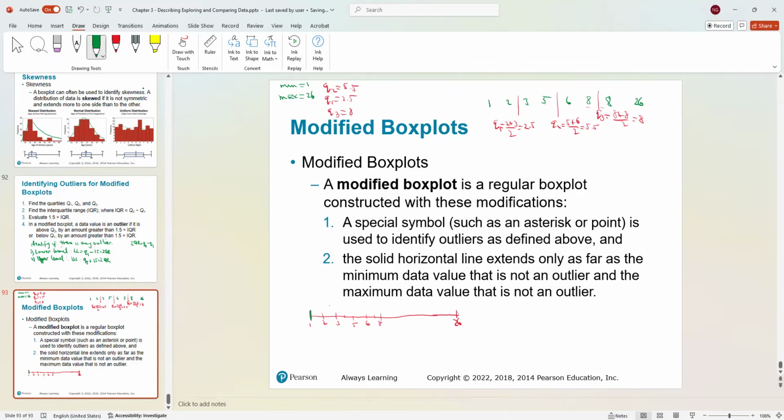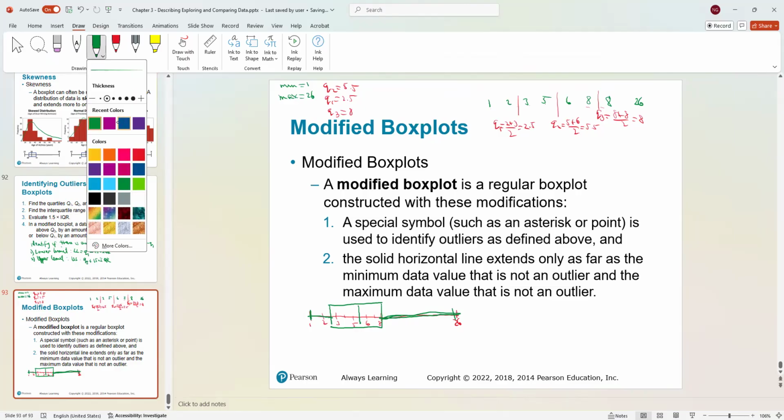We know 2.5 would be Q1, 5.5 Q2, and 8 would be Q3. So this box is the normal box we would have. But unfortunately, 26 is very far. We can identify any outliers with this example.